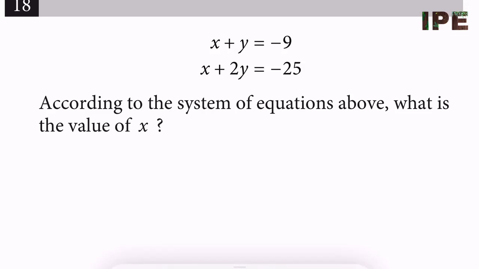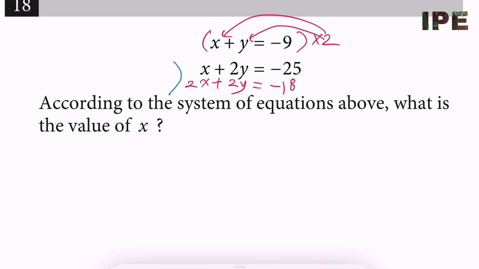So I'm going to eliminate y to find x. So, multiply the first equation by 2. There will be 2 times x is 2x, and 2 times y is 2y, equal to 2 times negative 9, negative 18.